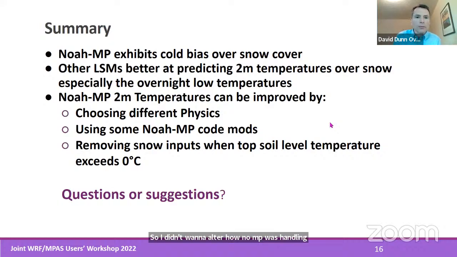I just wanted to handle what it was doing with snow. That's why I made these somewhat simple modifications. But yeah, in terms of the surface layer, I did try those 3 different surface layers, which are options. And again, going back to the strangely old MM5 surface layer, option 91, that actually seemed to make improvements.